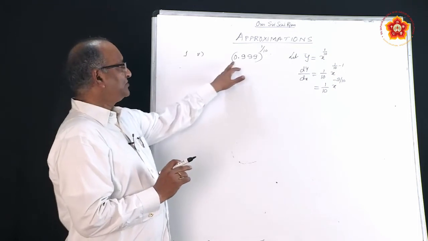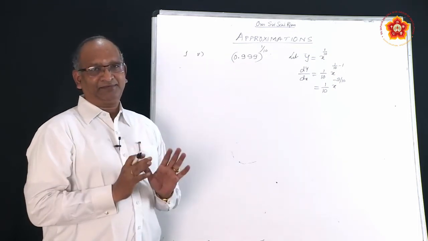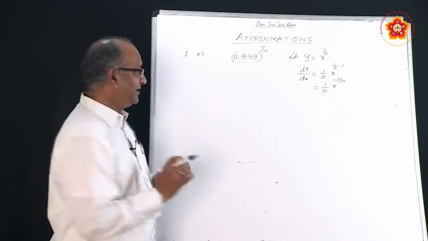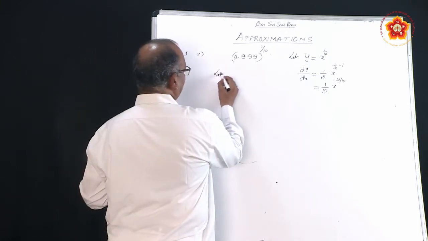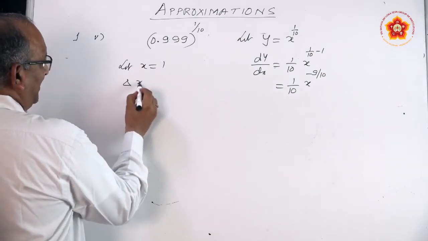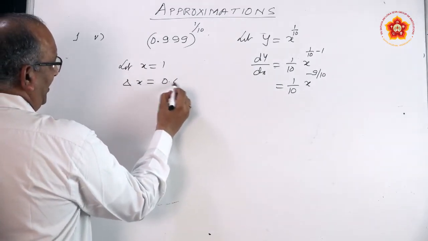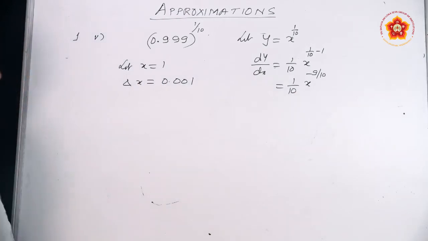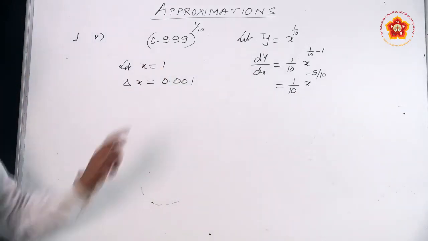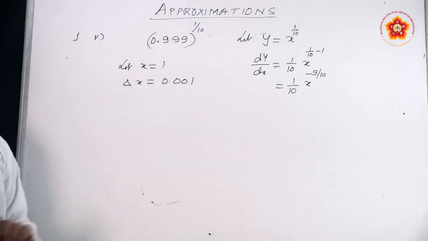Look at the problem 0.999. You can see that it is very close to 1. So we can assume that let x is equal to 1. If x is 1, what should be delta x? It is 0.001. Because from 1 if you subtract 0.001, you are going to get 0.999.